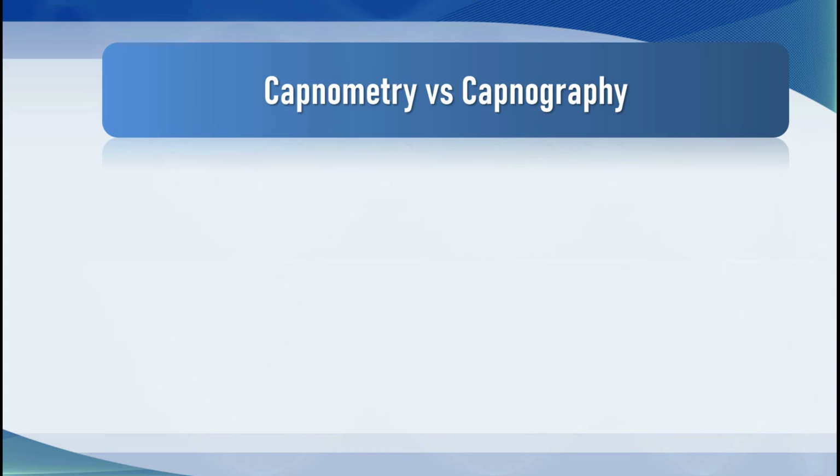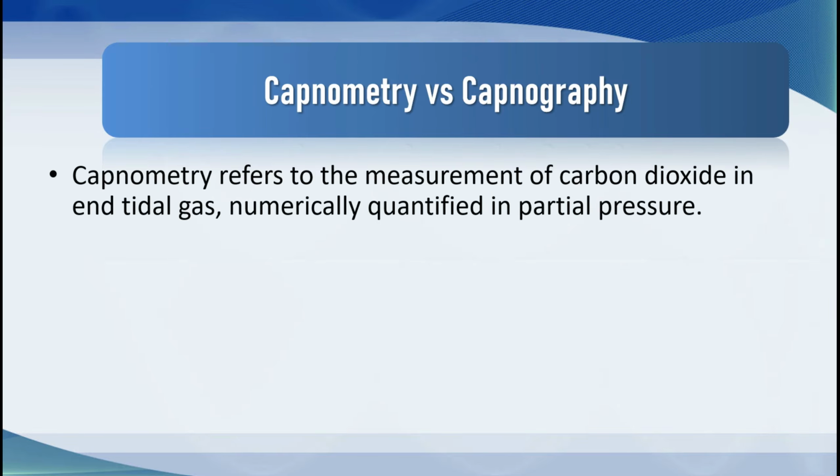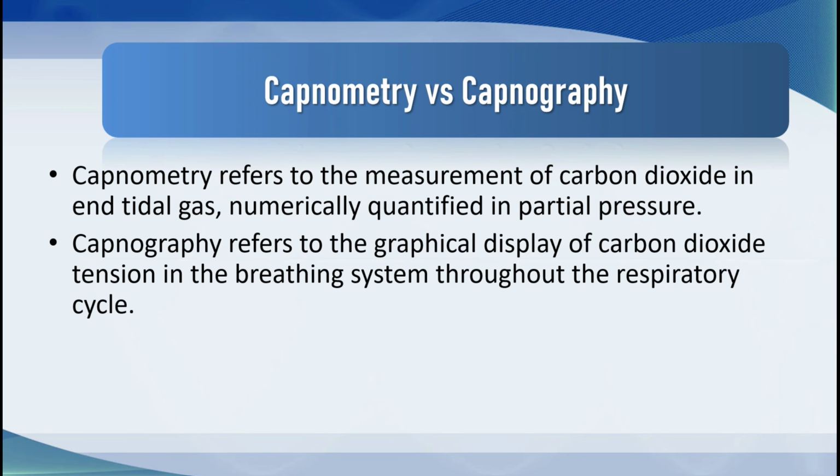Finally, in this tutorial, I started with a discussion of carbon dioxide and discussed capnometry. But if you're a healthcare professional working in anesthesia and critical care, you may not be familiar with this technology. Capnometry refers to the measurement of carbon dioxide and end-tidal gas numerically quantified in partial pressure.